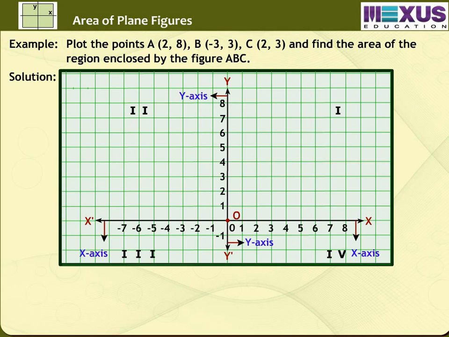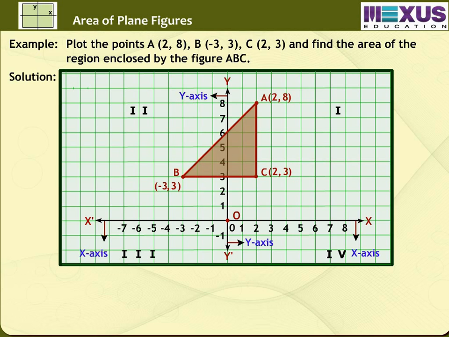Then plot the points A (2, 8), B (-3, 3), C (2, 3). Now join the points A and B, B and C, and C and A. Hence we get a closed figure ABC. Clearly, it is a triangle.